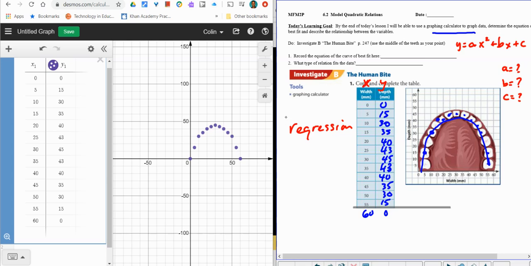So you're going to do y1 and this sign. Instead of an equal sign, you're going to say it's approximately this: a x1 squared plus b x1 plus c. We're going to type that in, okay?